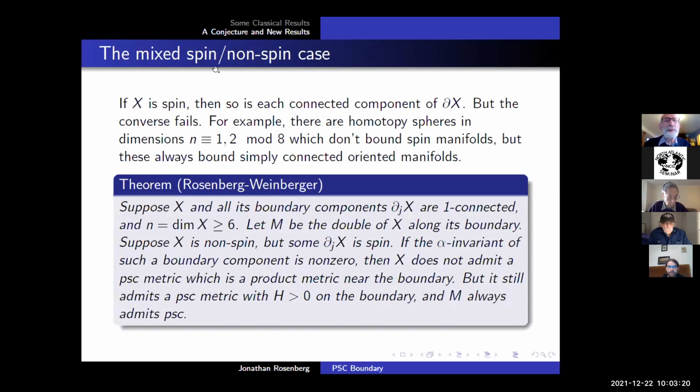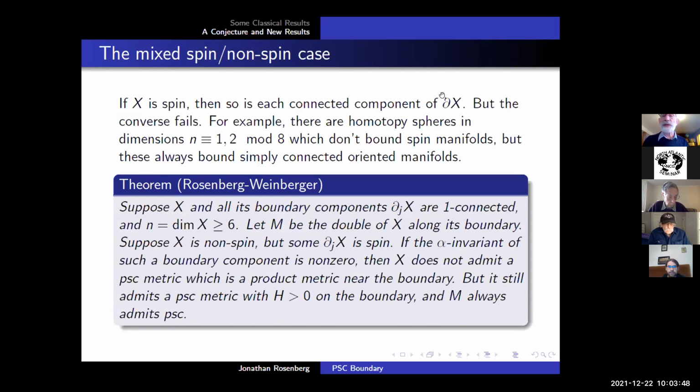Now let's look at the mixed spin and non-spin case. So if X is spin, then each connected component of the boundary is also spin. Because if you have a spin manifold, it induces a spin structure on the boundary, but the converse fails.